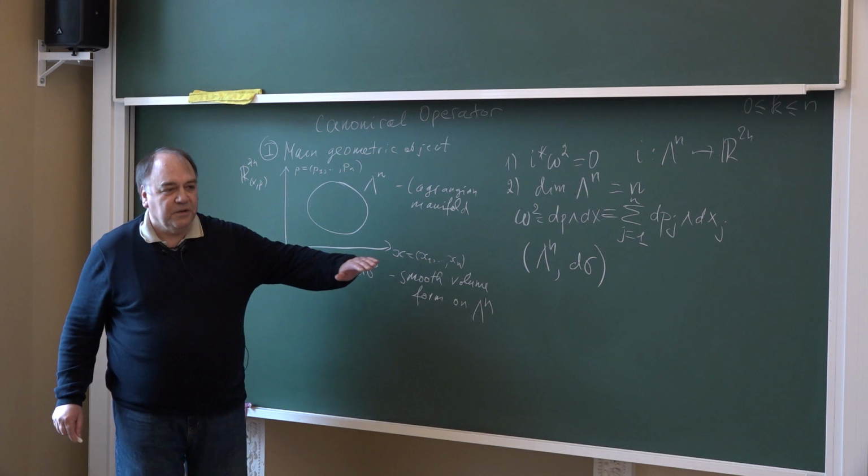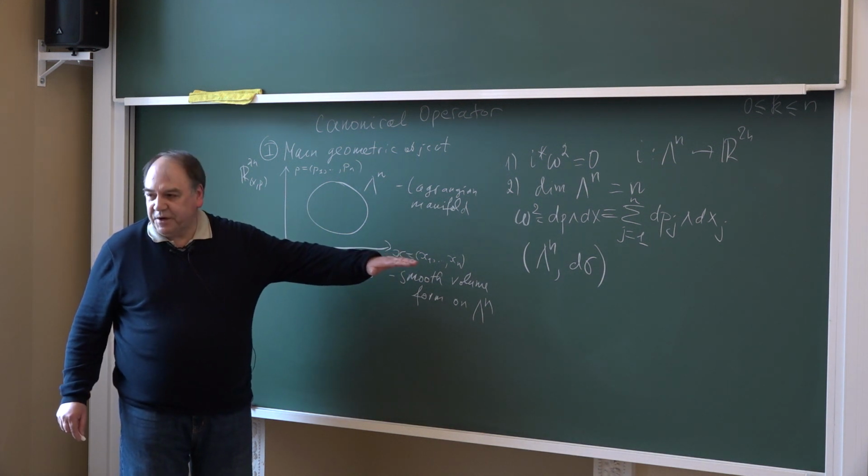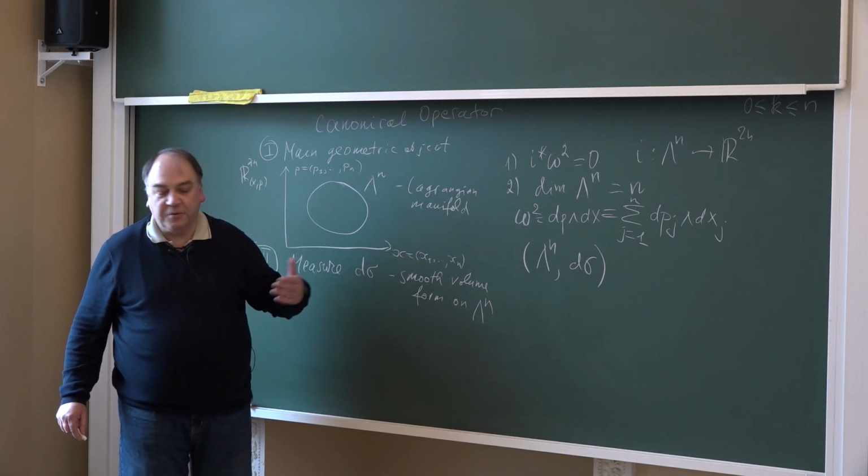So we have a pair: Λ^n and this volume form dσ on it. Having this pair, we construct a canonical operator.